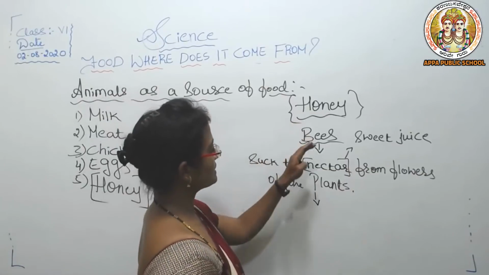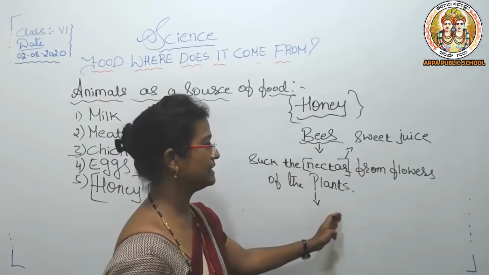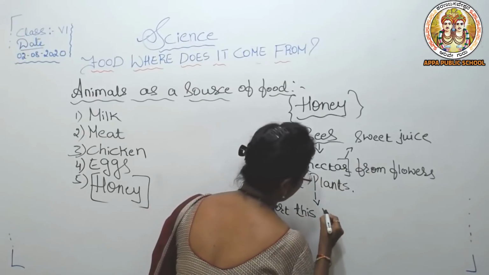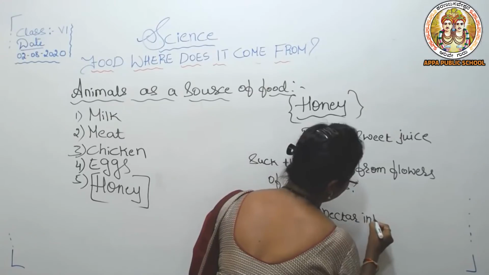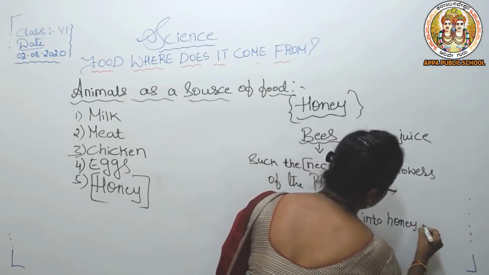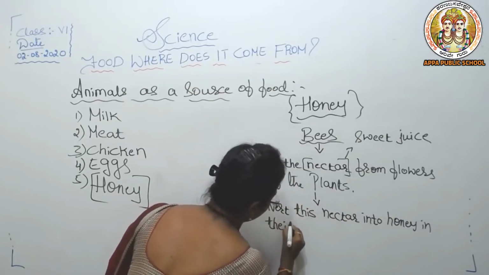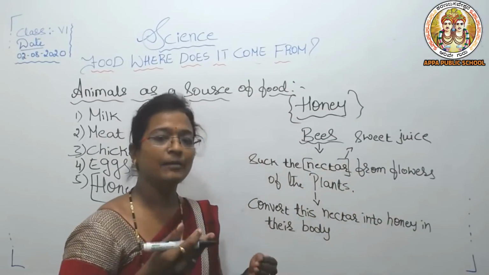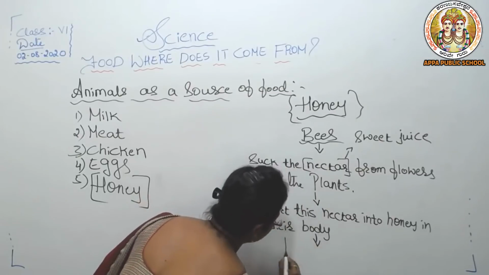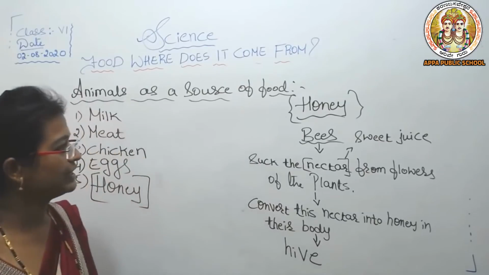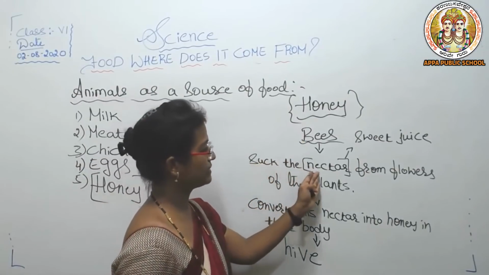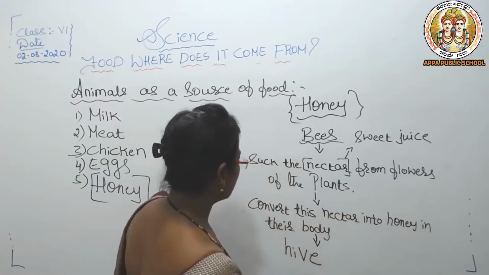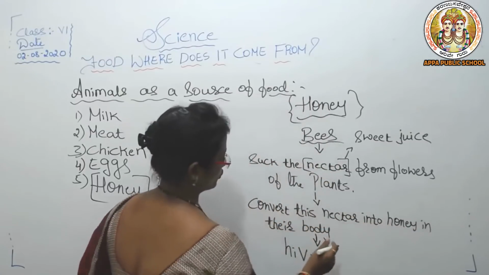The bees will suck the nectar from the flowers and convert this nectar into honey in their body, and they store it in a hive.